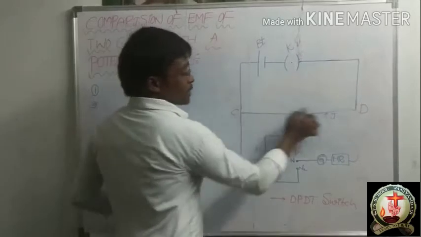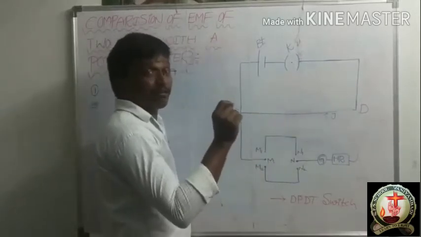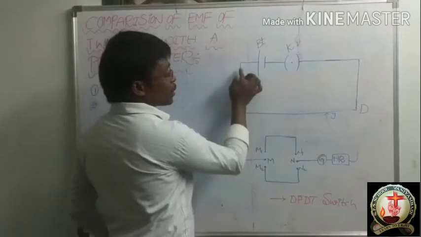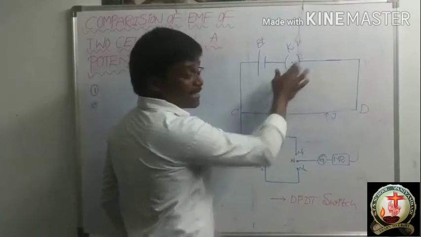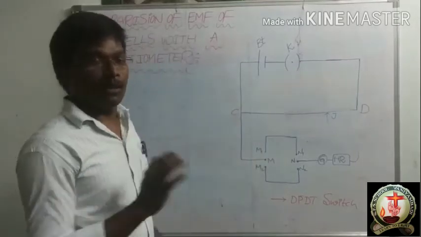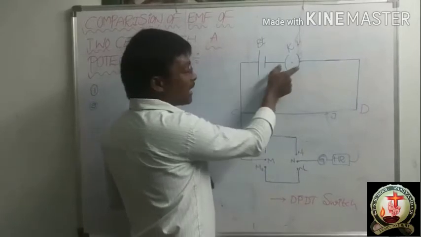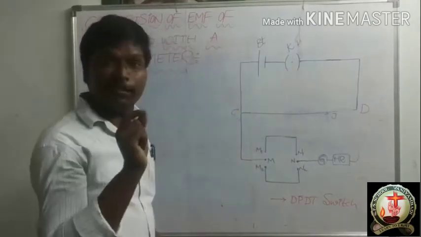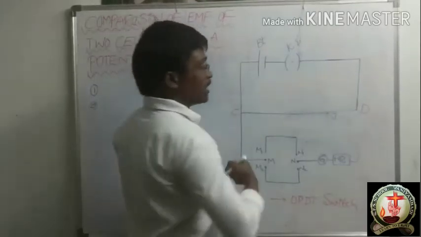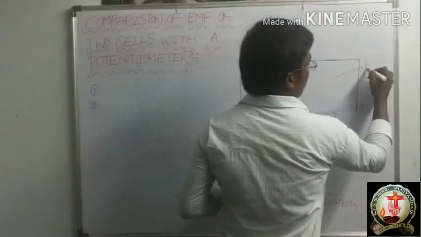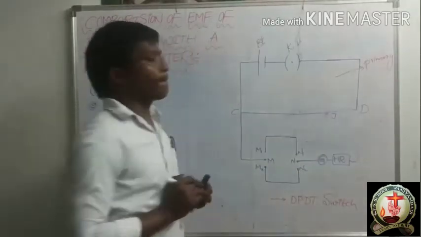The potentiometer wire CD is connected with a battery and a key in series, and this is called the primary circuit. Yesterday I told you already, this is the primary circuit.